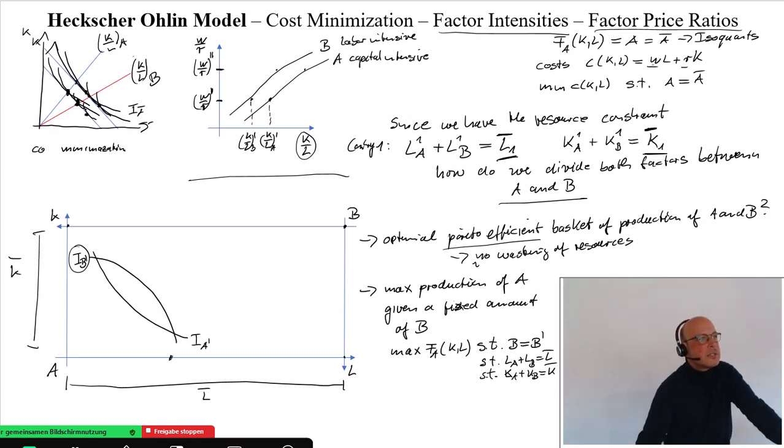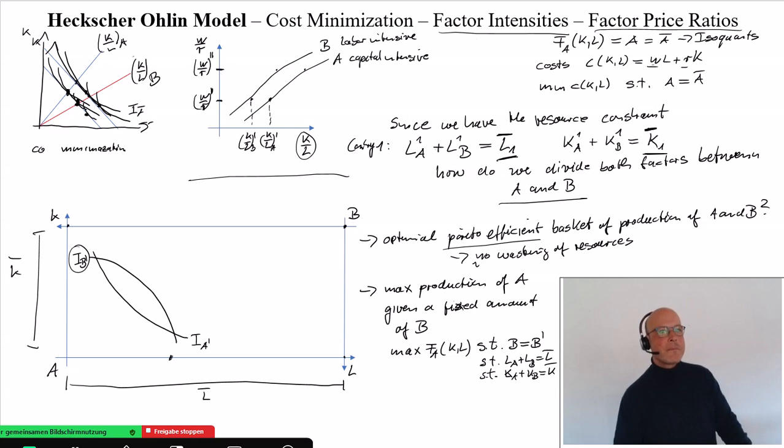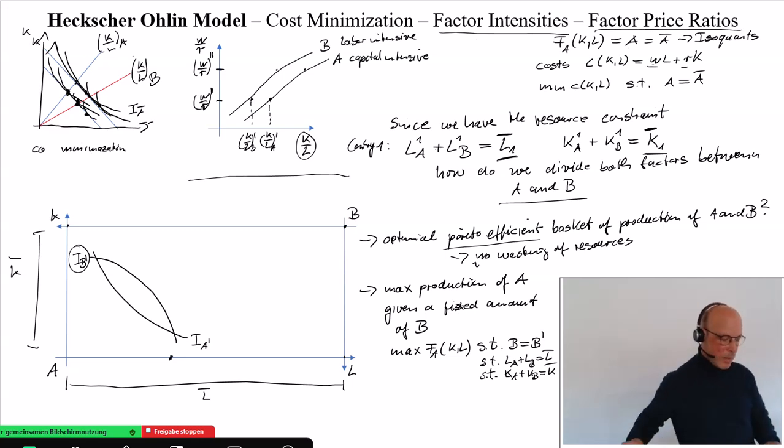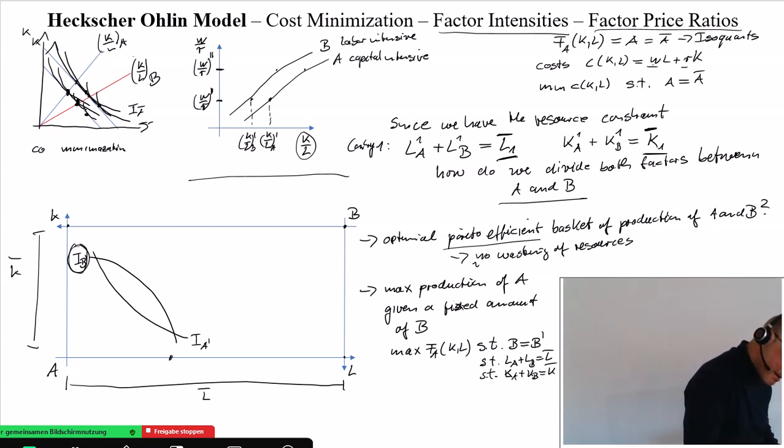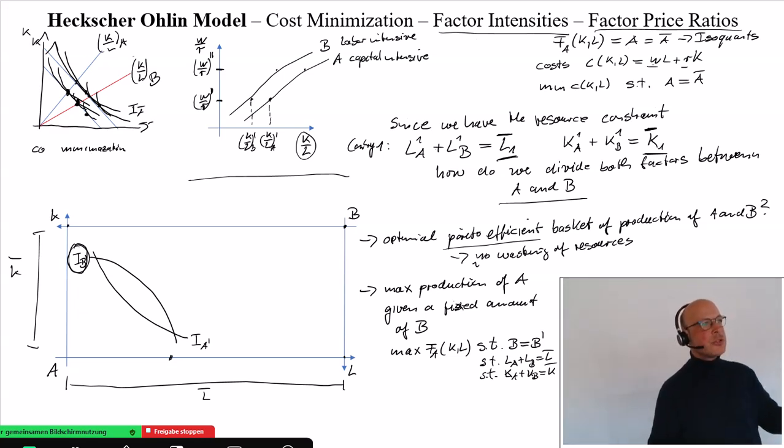Well, of course, this we can do taking the Lagrangian formalism, but if we look at this graphical situation, this maybe is just our starting point. And now we are fixing the amount of B. B prime should maybe be 4 units of B.